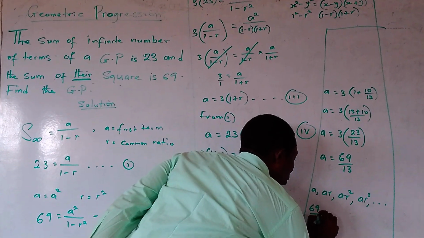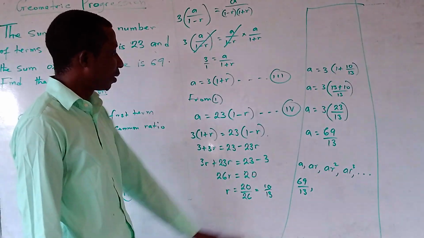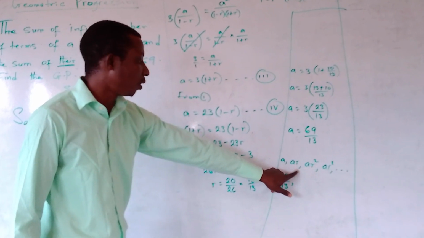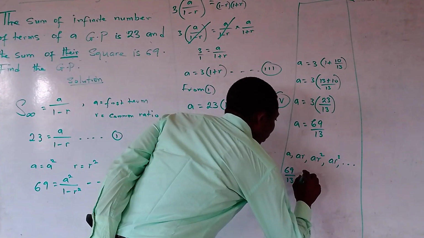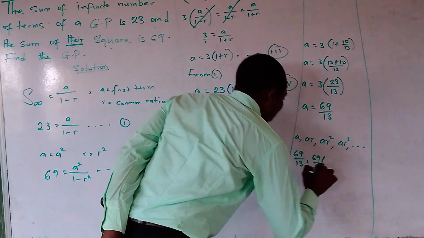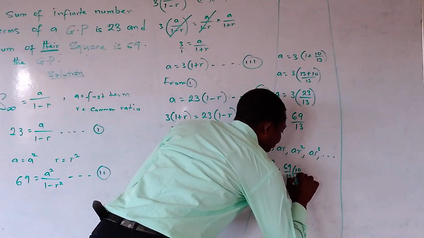What's the first term? 69 over 13. Next, what's going to be the second term? It's going to be the first term times the common ratio. That will be what? 69 over 13 times your R. What's the R? 10 over 13.